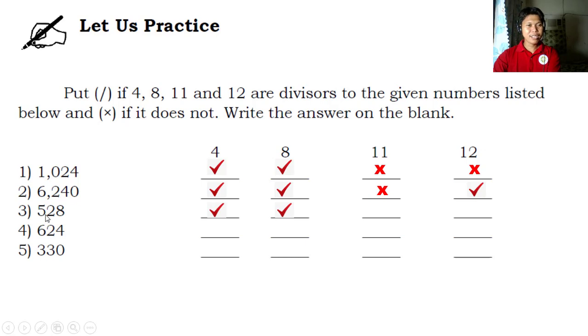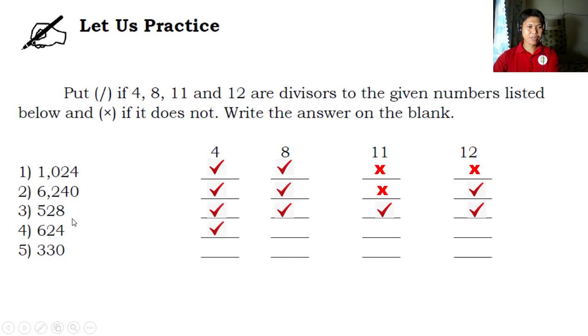And then sa 11, 5 plus 8 is 13 minus 2 is 11. Pwede sa 11. Sa 12, dapat divisible siya by 3 para maging divisible by 12 kasi divisible na siya by 4. So, tingnan natin. 5 plus 2 is 7 plus 8, 15. Pwede.